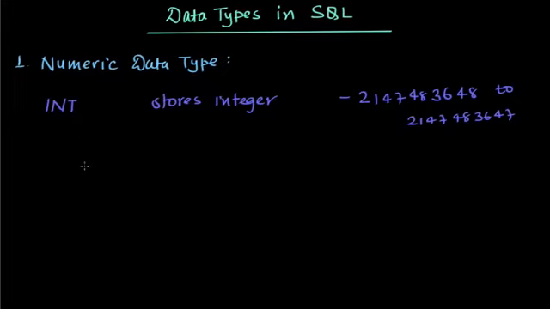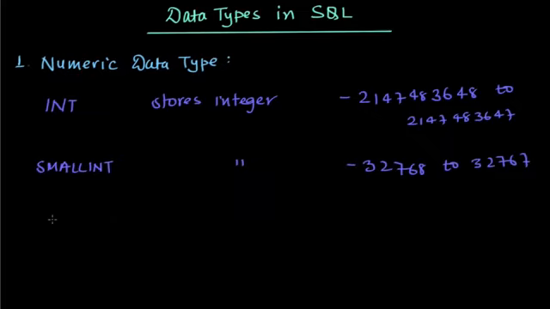The next one is smallint. Let's say I have to store small numbers, then we need not waste space by using the integer data type. We can use smallint. Again it will store integers, but the range will be less: it can store minus 32768 to plus 32767.